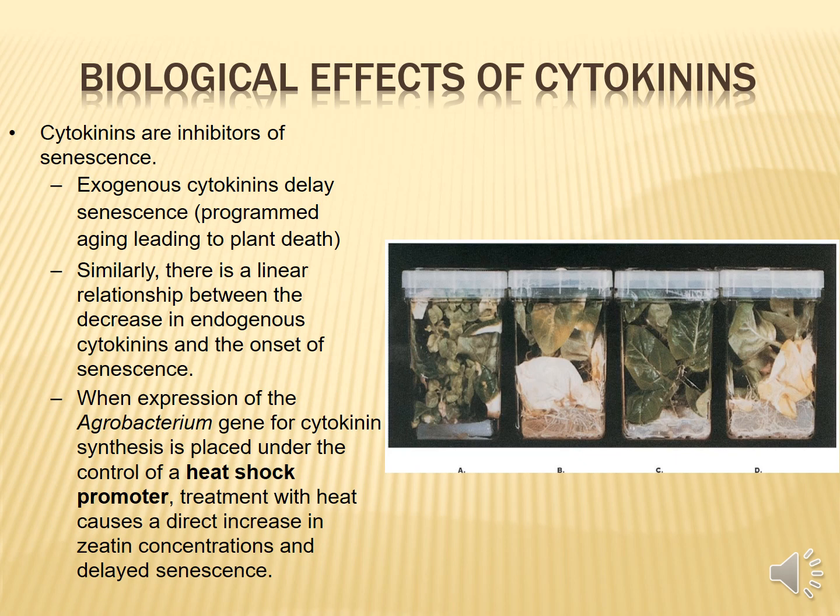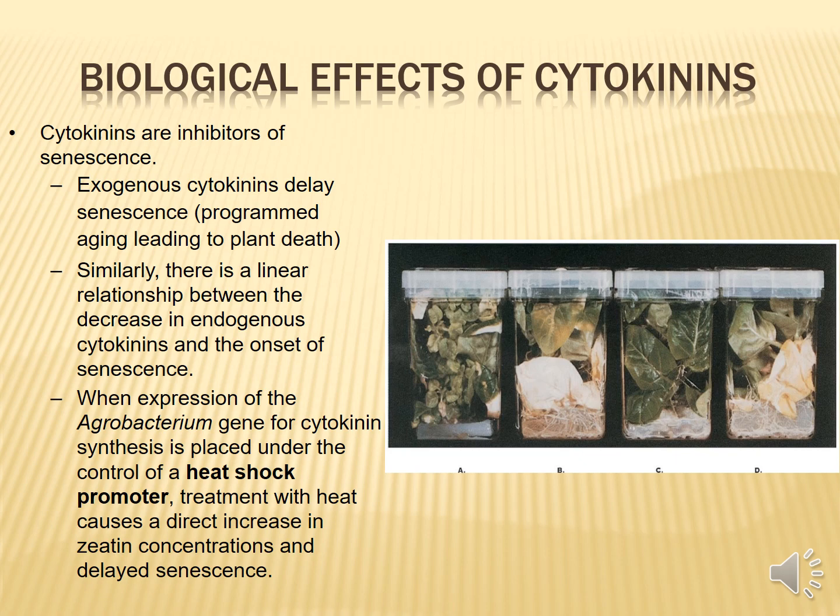produce and increase the zeatin concentration. And actually, from the final result, when they produce a high concentration of zeatin, from this treatment they are able to delay the senescence process.